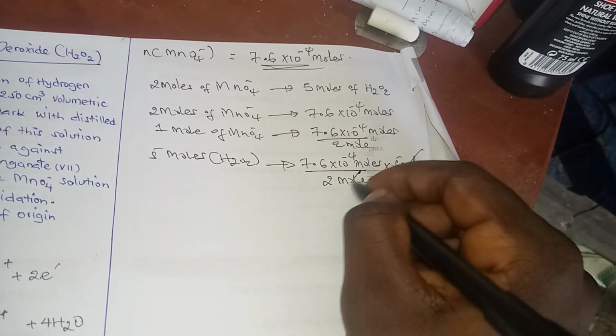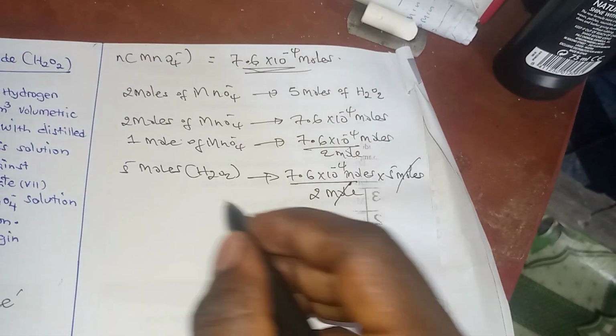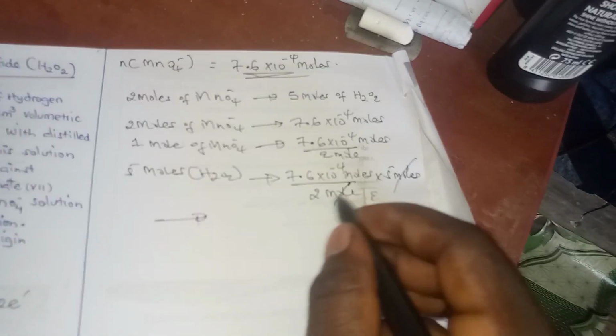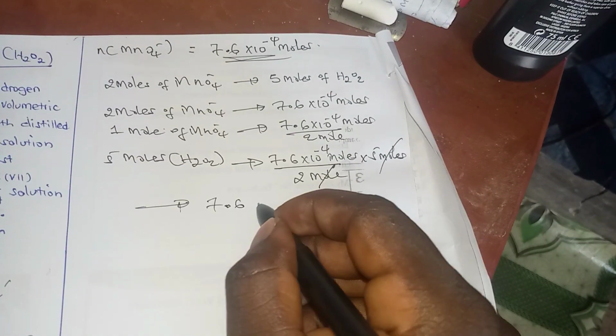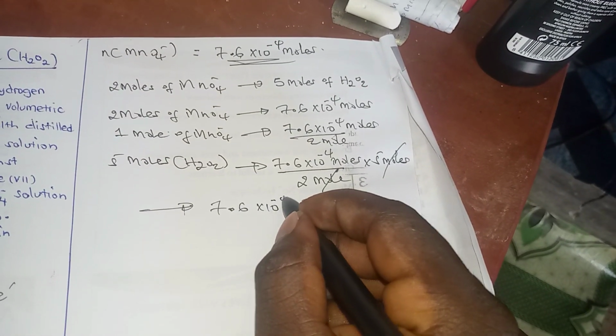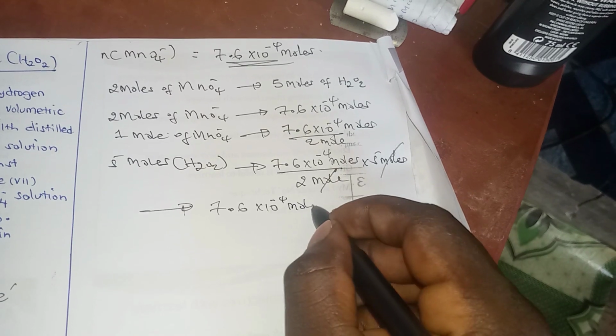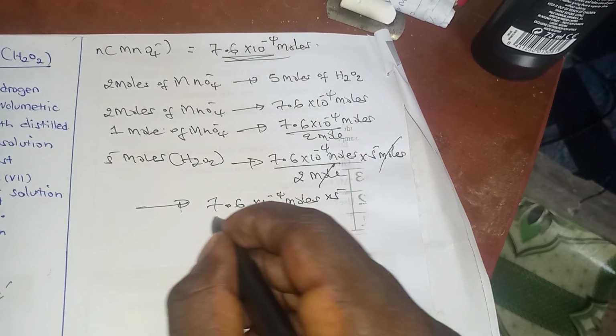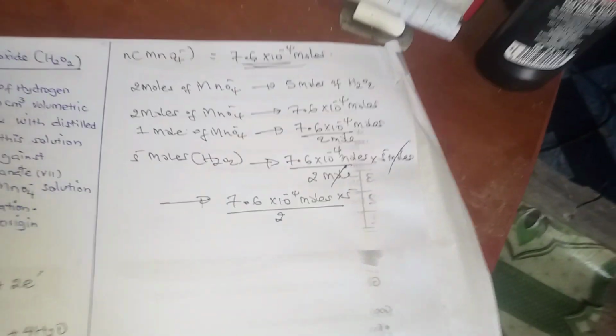So the mole cancels. By now we have 7.6 times 10 power negative 4 moles times 5 divided by 2.